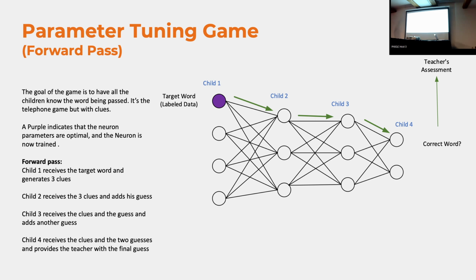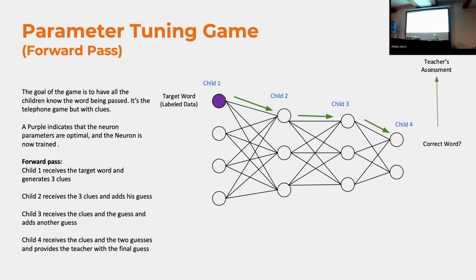The way this game is played, child 1 receives the target word, the answer, and generates 3 clues. He passes not the word, but just the clues forward. Child 2 gets those 3 clues and guesses. So there are 4 components now: 3 clues and a guess.